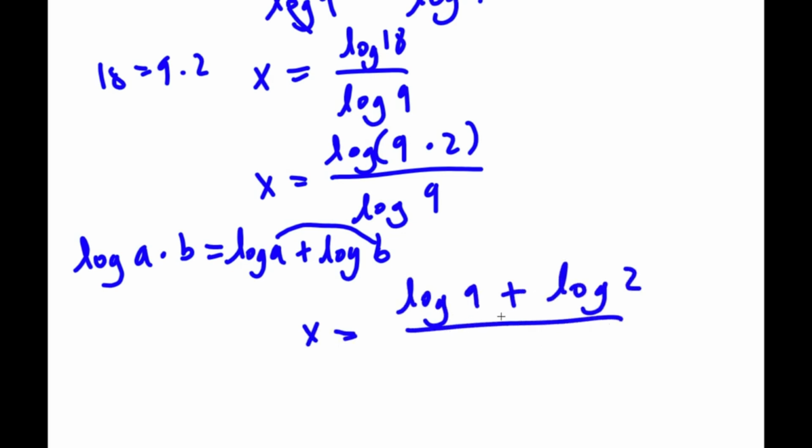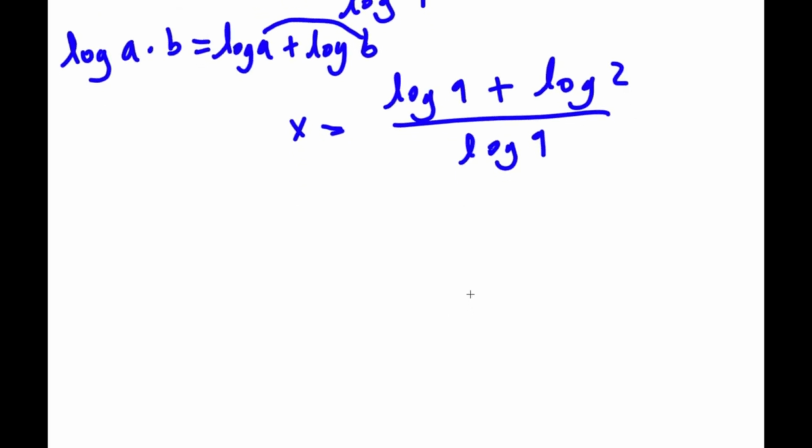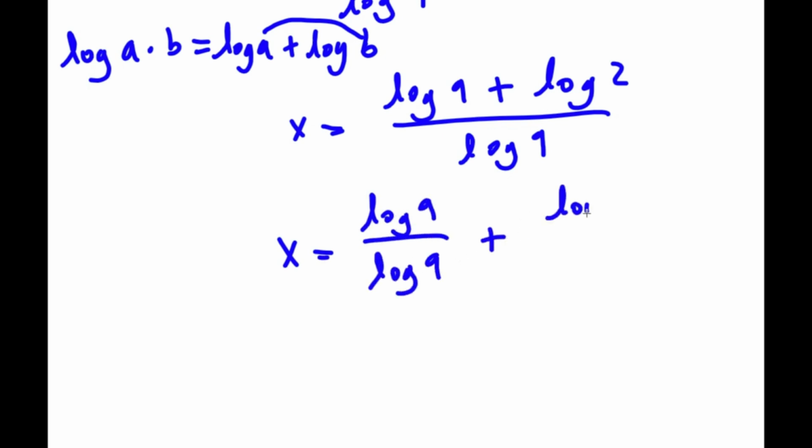So now I have log 9 plus log 2 divided by log 9. And now, this is the same thing as log 9 over log 9 plus log 2 over log 9.